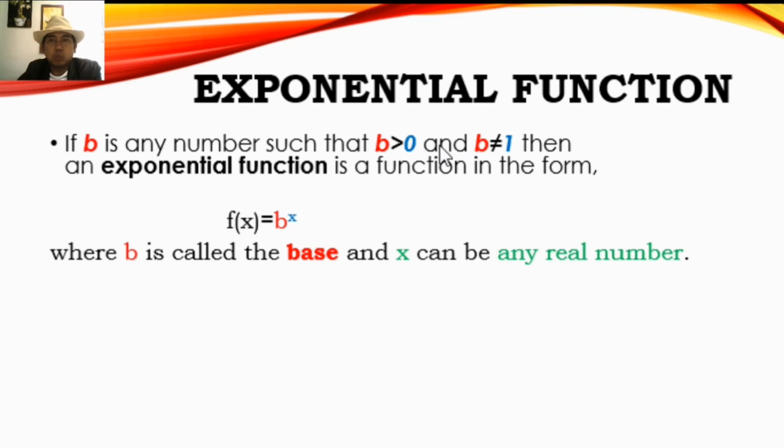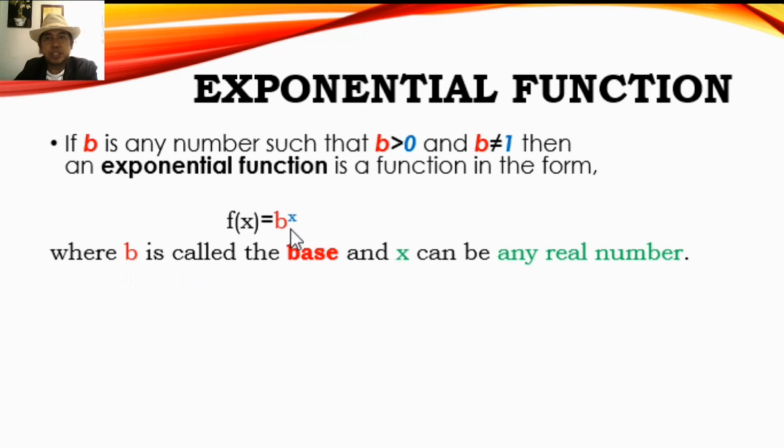Would it be 2? Yes, that is greater than 0 and not equal to 1. That is still considered to be the value of your base. So I repeat, in the exponential function, our base, which is represented by the alphabet b, must be greater than 0 but not equal to 1.